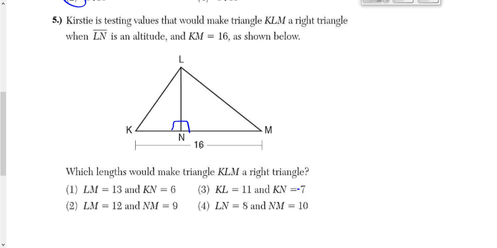If KL is 11, that's this, and KN is 7, what would be the proportion we check here? This is the geometric mean between the one closest to it and the whole thing. So we need to see if 11 goes here and here, right?